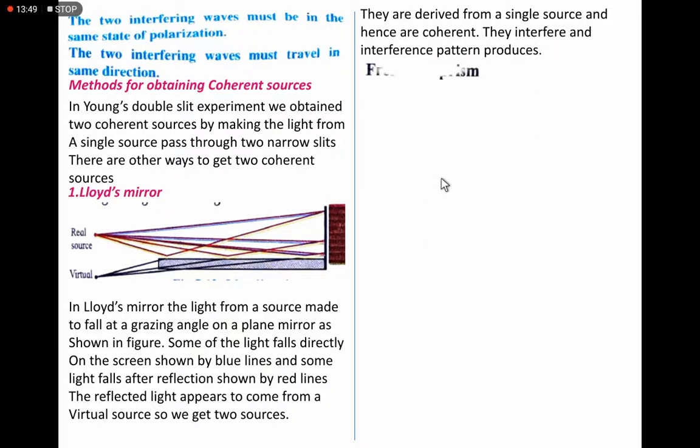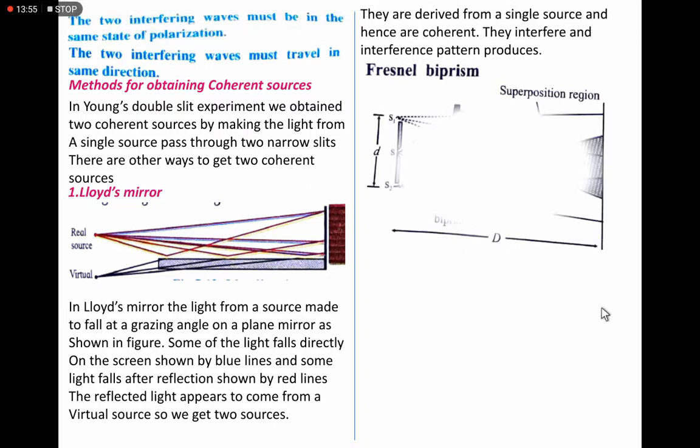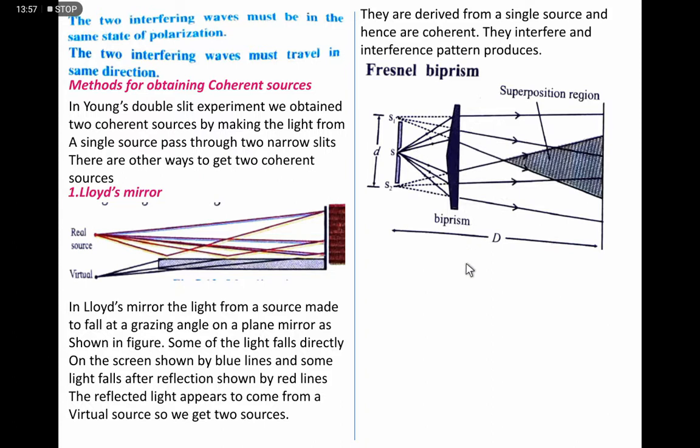One more method is Fresnel's biprism. In the diagram, light is allowed to pass through the slit and falls on the Fresnel's biprism, and after refraction we get the interference fringes.